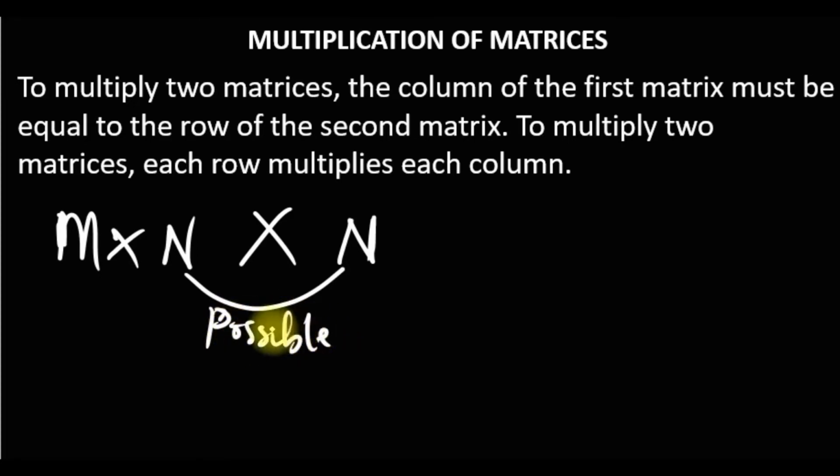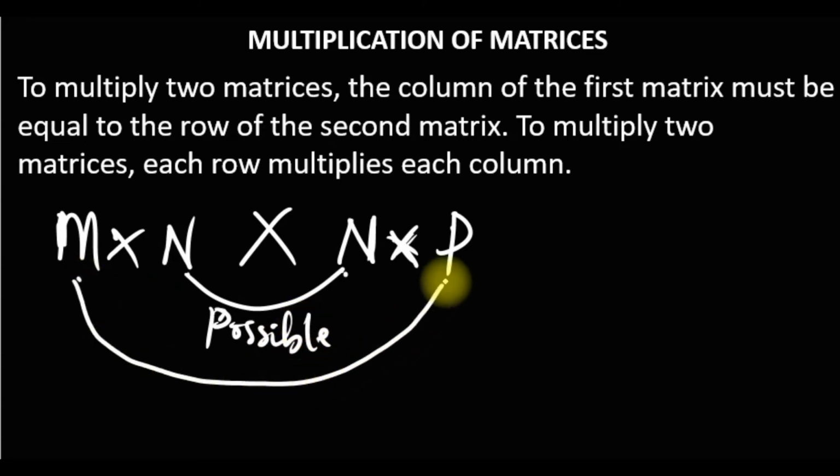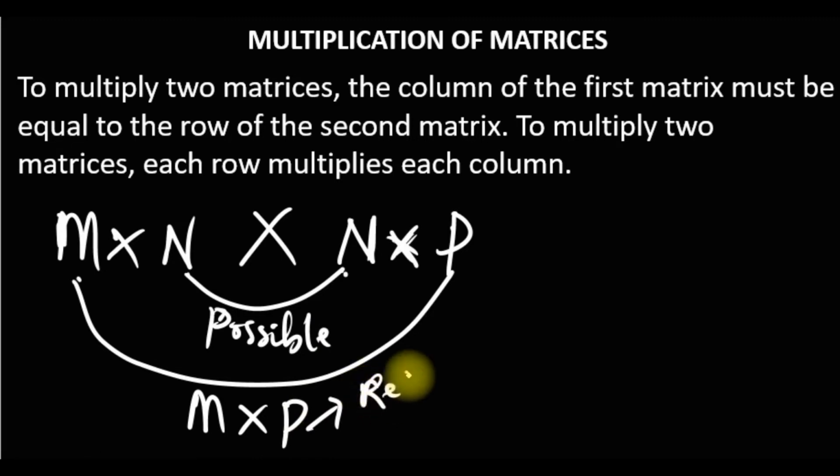So assuming the row is P, you see that once the column here is equal to the row here, the multiplication is possible. And the result, that's after multiplication, the final matrix that will be formed will be M by P. So this is just the resultant matrix.